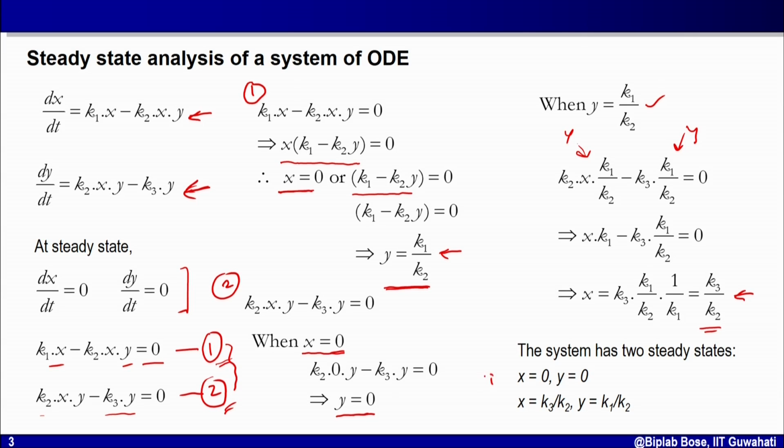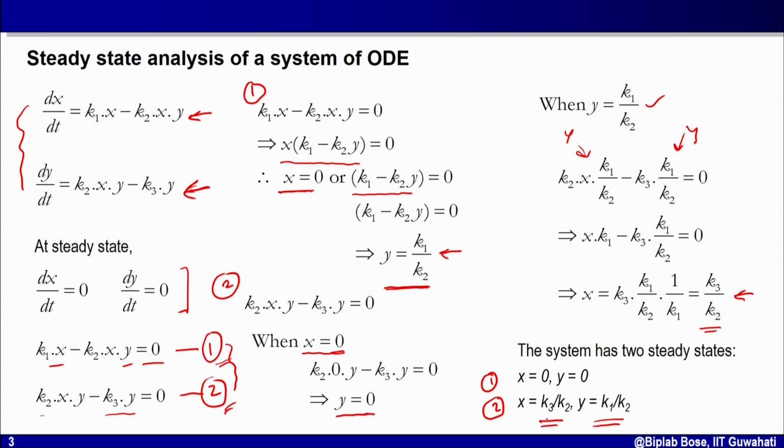The first steady state is x equal to 0, y equal to 0. You can easily see if you put this value of x equal to 0 and y equal to 0 in this original ODE, dx dt and dy dt both will be 0. And the other steady state that we have in this system is x equal to k3 by k2 and y equal to k1 by k2. You can also check it.